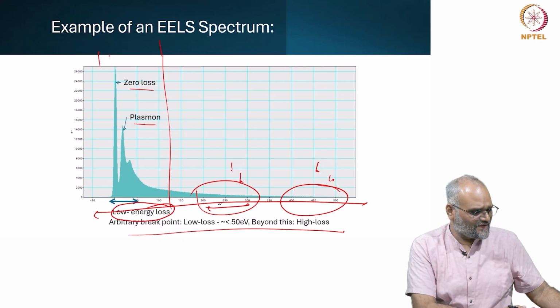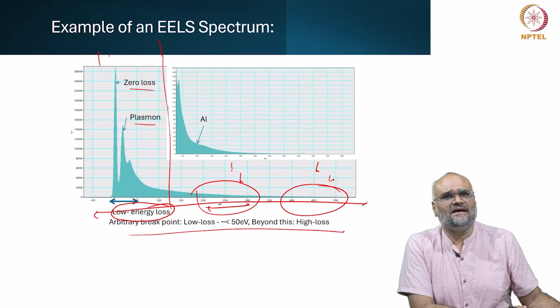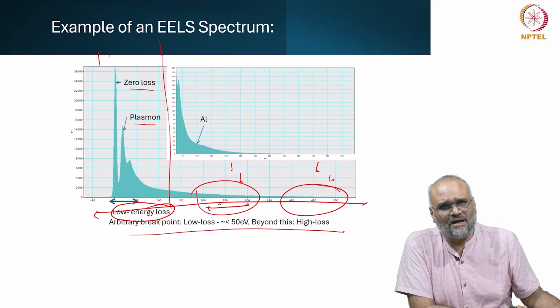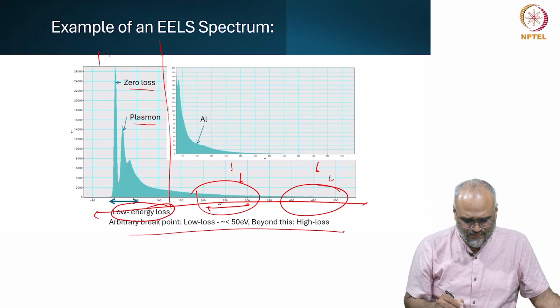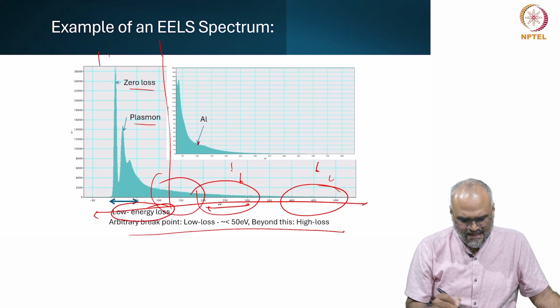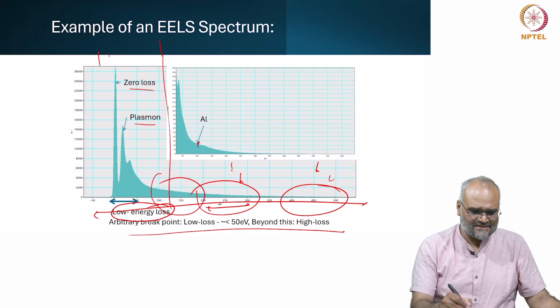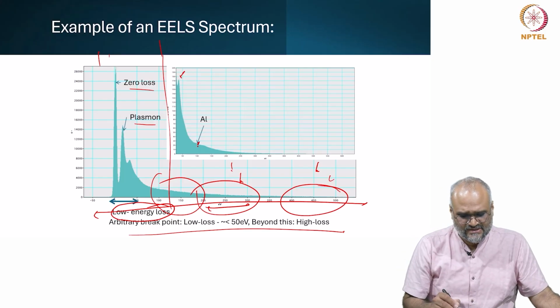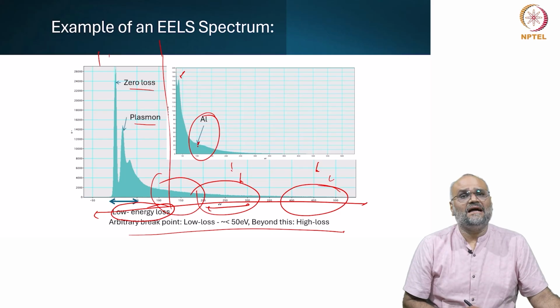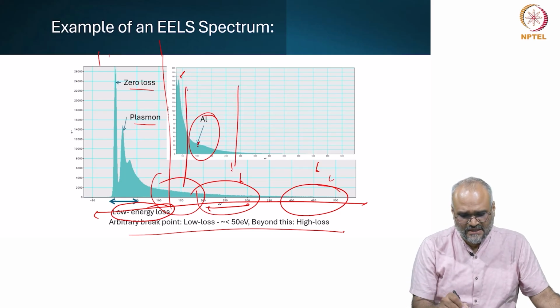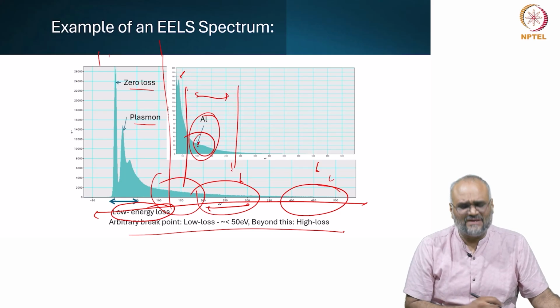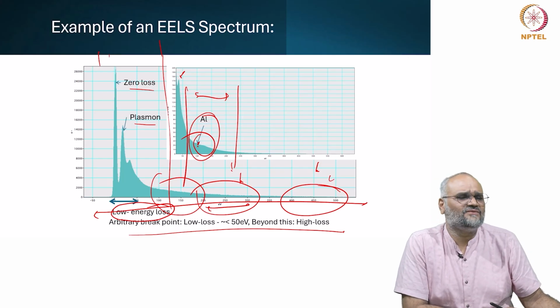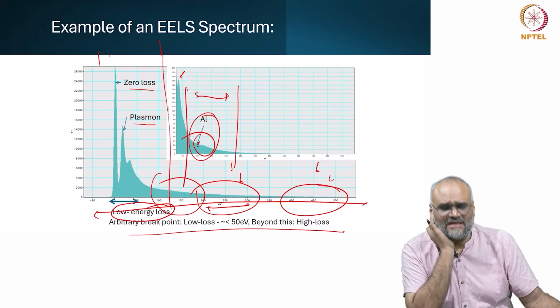So if I zoom in closely here, if I look at the energy window of 100 to 250, there is the aluminum edge here, but because I have a strong signature of the bulk plasmons, I cannot see the spectrum here. So if I want the aluminum signal, I would want to focus on this particular energy window such that the events corresponding to the ionization of aluminum are more prominent, and I can record them on the EELS spectra.